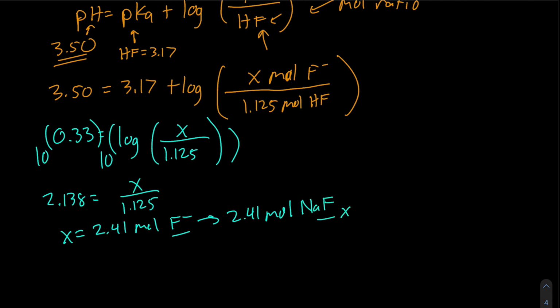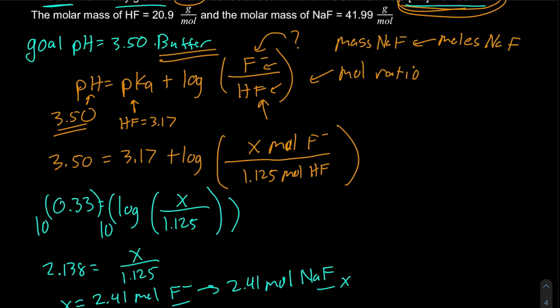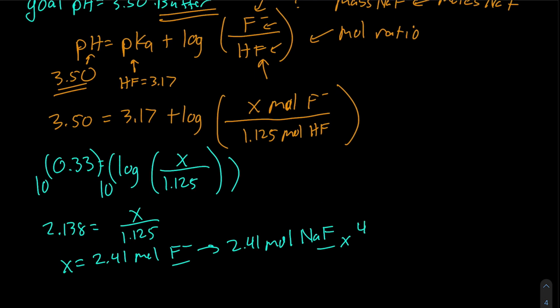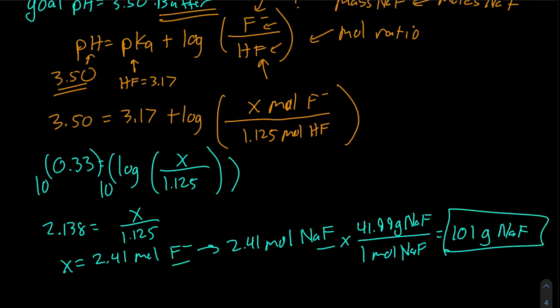So if I want to find my mass, I'm going to go ahead and use our molar mass that we have right here, 41.99 grams of NaF for every 1 mole. And so we would find that we would need 101 grams of NaF to be added into the solution to give us our desired pH based upon the amount of hydrofluoric acid that we already started with.